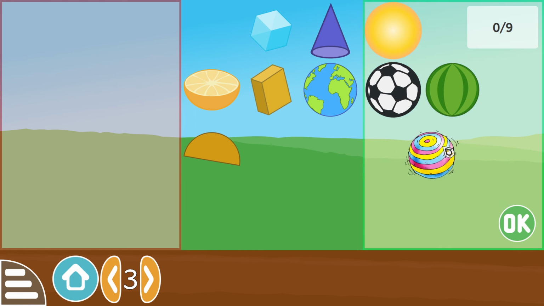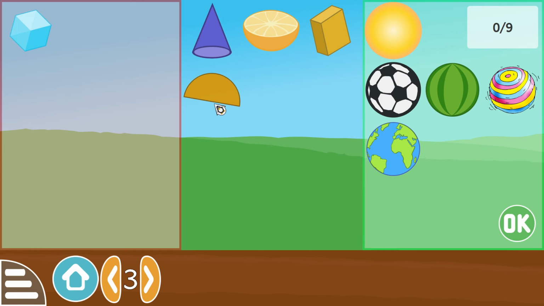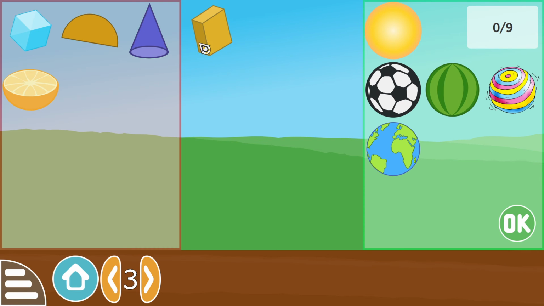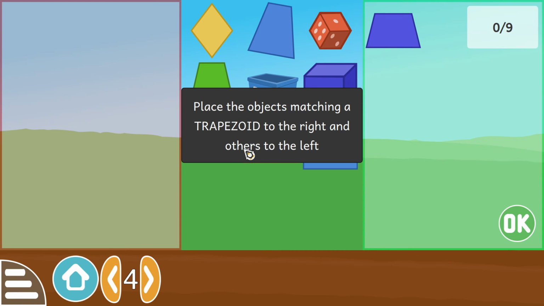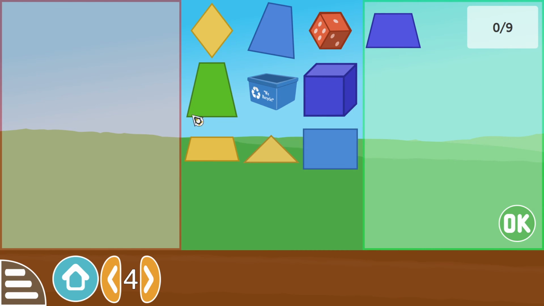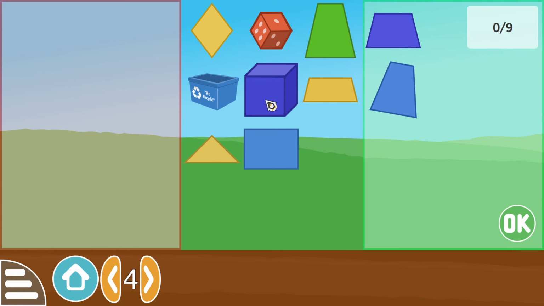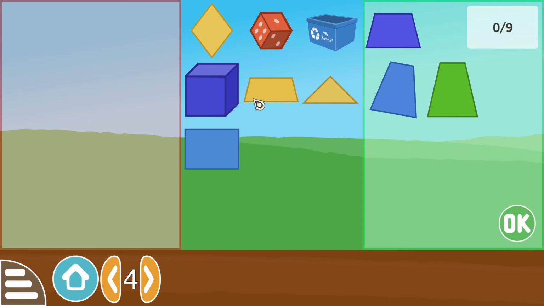Thinking we've got all the ball shapes. Didn't quite read the instructions, I'm sorry. Place the trapezoid to the right and the others to the left. So that's a trapezoid. That one's a trapezoid. That's longer, but we've still got the lines coming in. So if we keep drawing these 2 sides, that eventually touch.